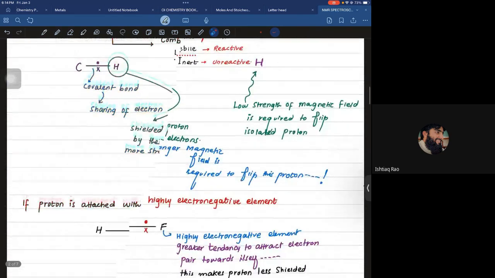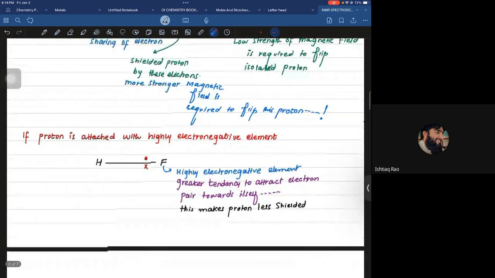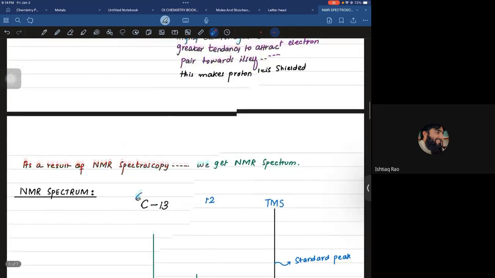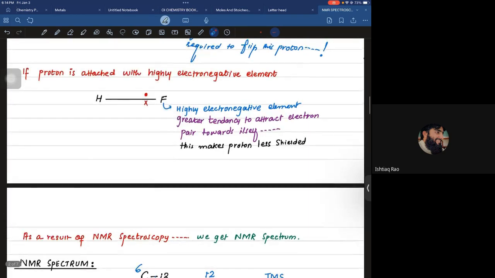Then I told you the concept of shielded and de-shielded. Let's suppose this is the proton which is connected to a highly electronegative element, fluorine. This is a highly electronegative element, with a greater tendency to attract the electron pair towards itself.